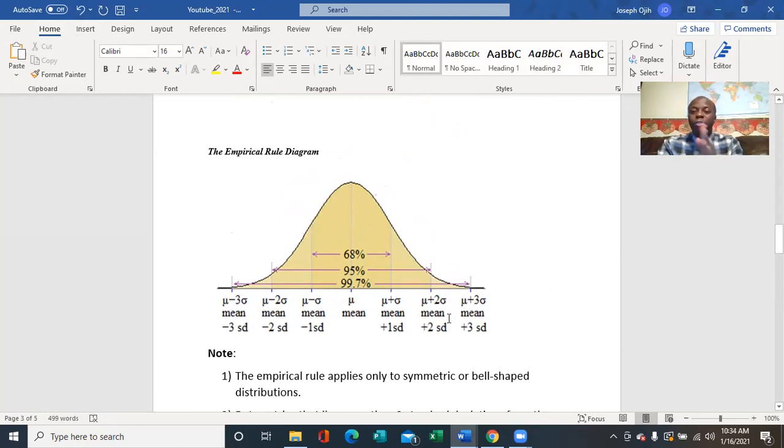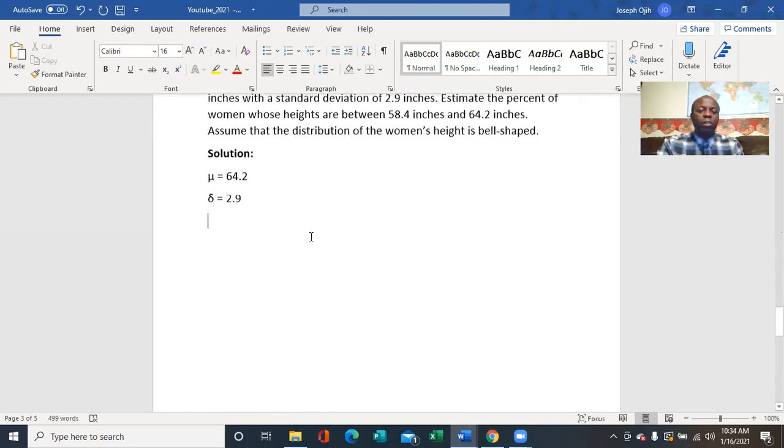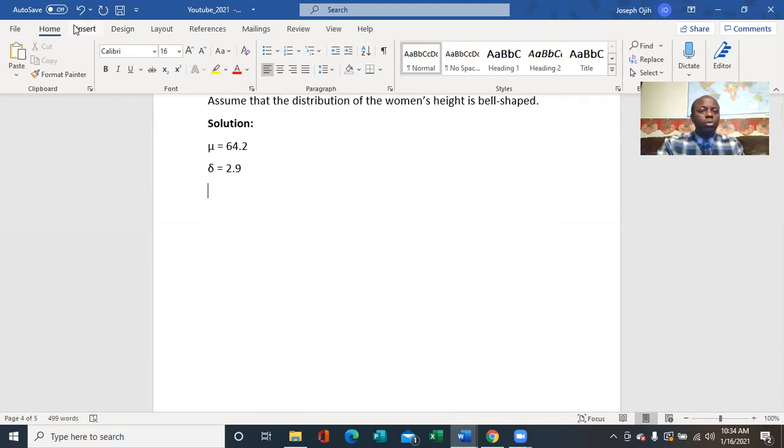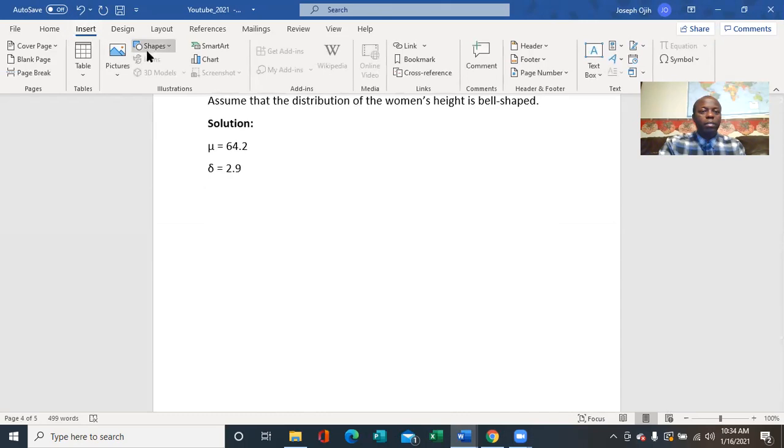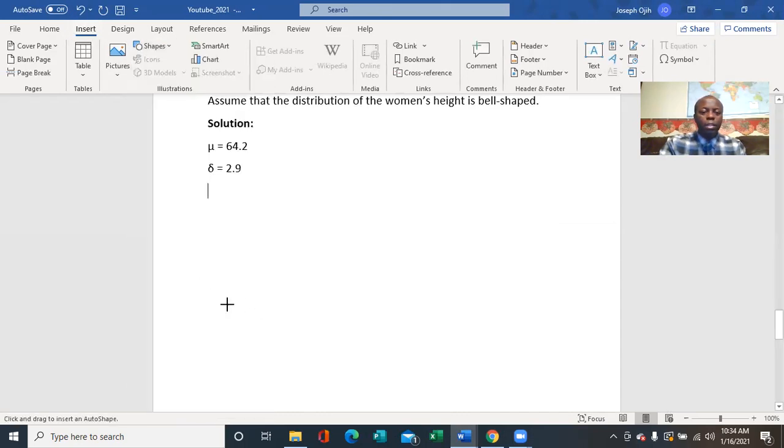So use the formula to get the numbers for each of these, and then put the percentages here, then you will be able to answer the question. So let's draw the curve now. Let me make sure you're seeing this again. Okay, good. So I'm going to go here, insert, so I can draw the curve. It's going to look like this. I'm going to make it as simple as I can.